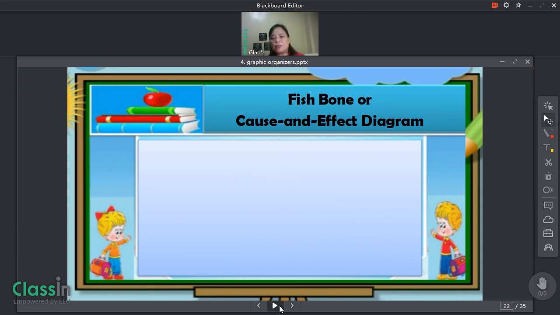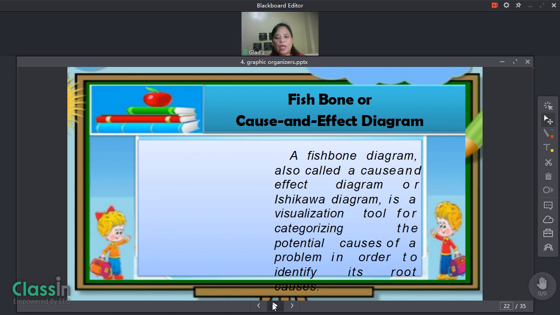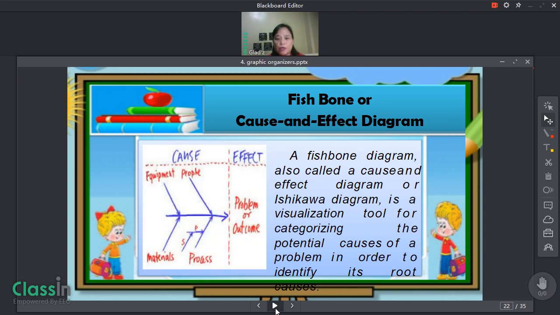So next we have the fishbone or the cause and effect diagram. The fishbone, also called a cause and effect diagram or Ishikawa diagram, is a visualization tool for categorizing the potential causes of a problem in order to identify its root causes. Like we said, fishbone, so it looks like a fishbone.